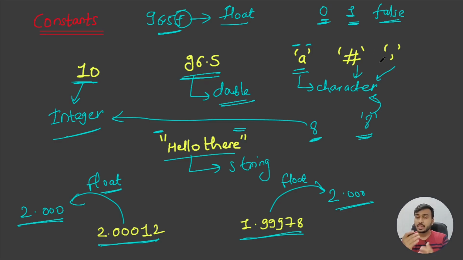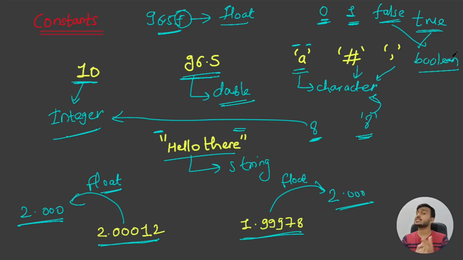That's why I'm saying that C++ is a case sensitive language. So this false keyword is going to have everything in small case. Similarly, in order to represent a truthy value, you have a keyword called true. Now these two keywords are used to represent Boolean constants. So false and true are nothing but Boolean constants.